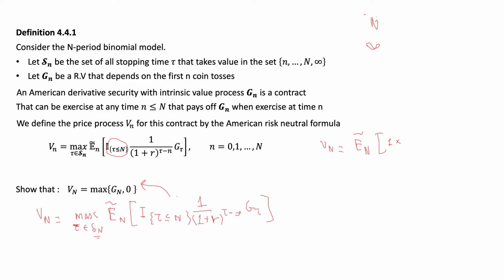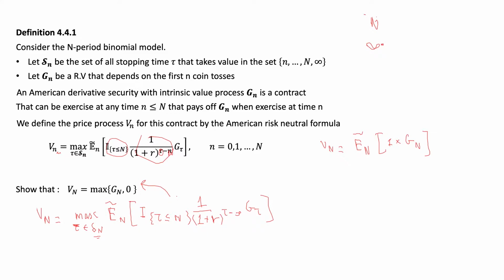So tau here is capital N, because that's the time we're talking about expiration, and this tau here is n as well, because we're assuming it's exercised at time n. So all this would be 1, times g of n, so g of 1, right? So this is one case of what can happen.